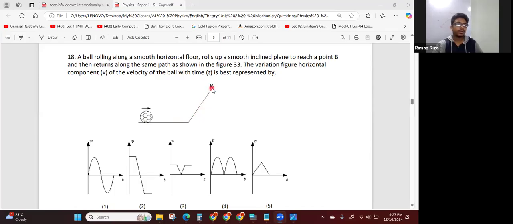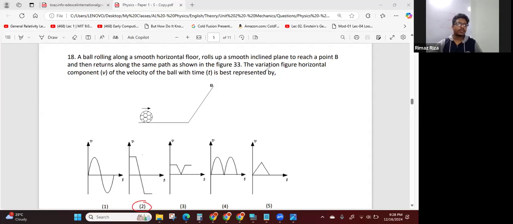When you come to B, it will be 0. Both are fine. And then it will go in the backward direction, so the velocity will now be negative. The horizontal component will be negative because it's moving in the opposite direction. So therefore, the answer is 2.